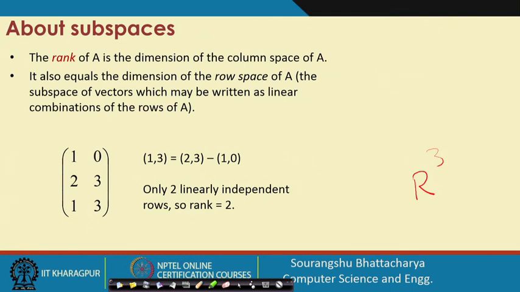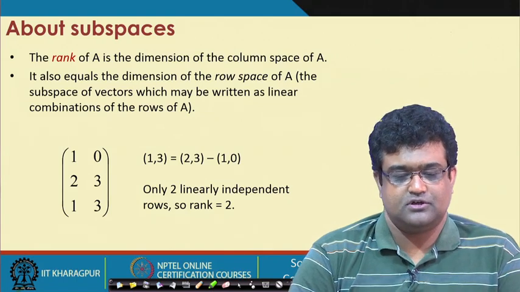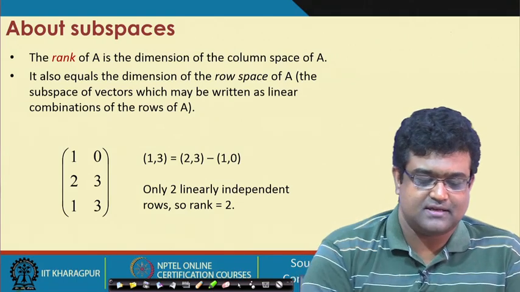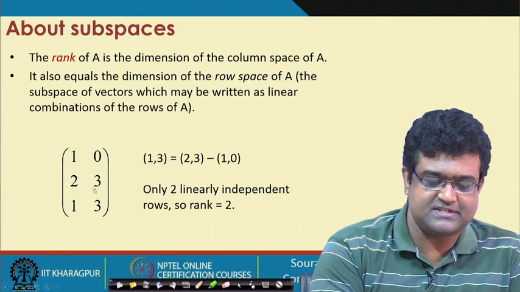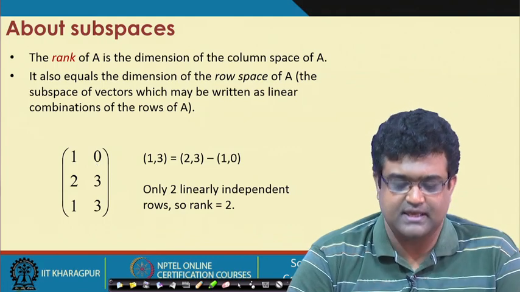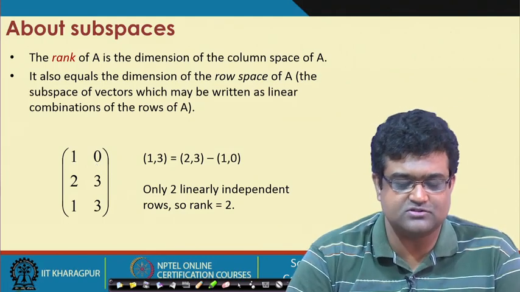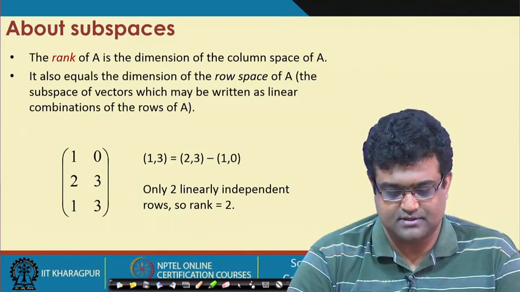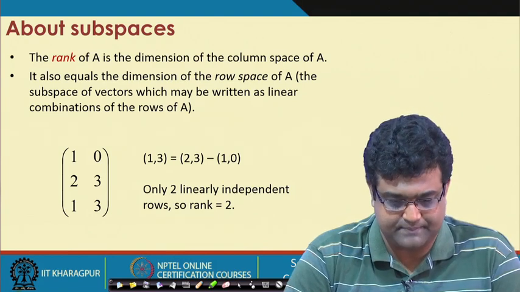For example, this matrix has a rank 2 because the dimension of the space generated by its columns is 2. In this case, note that it also has 2 columns and both the columns are linearly independent.